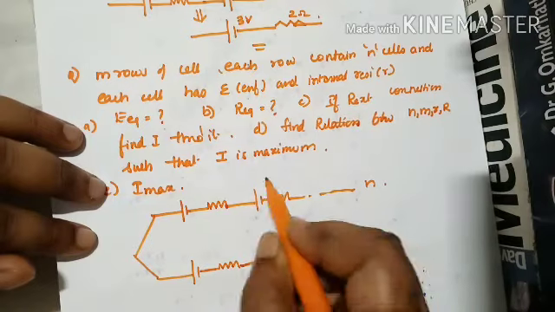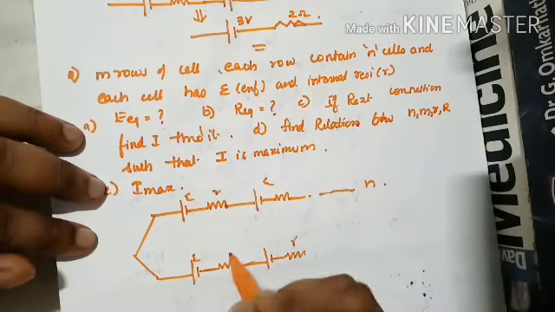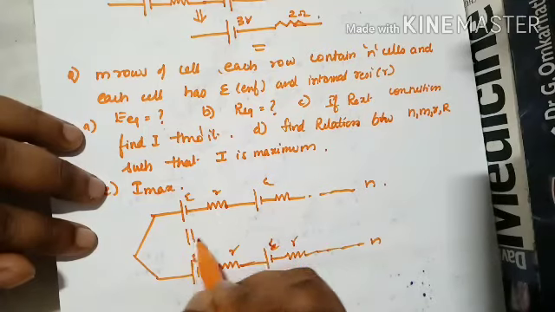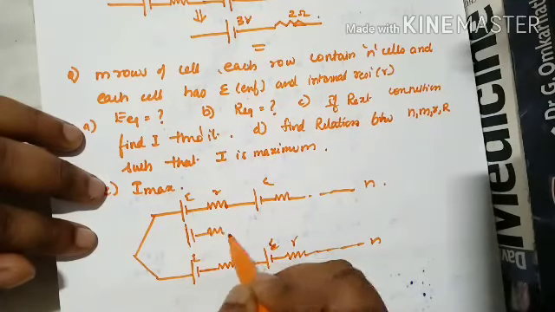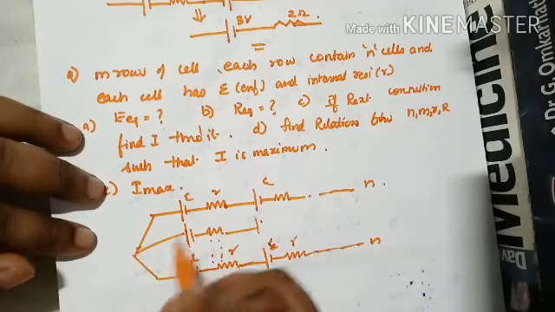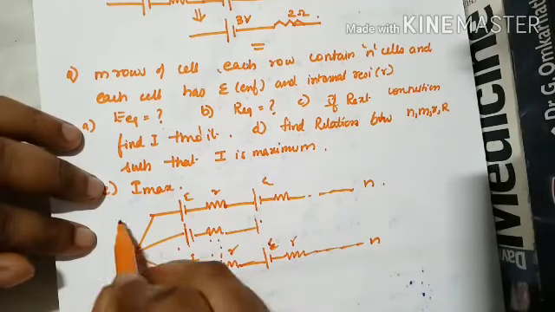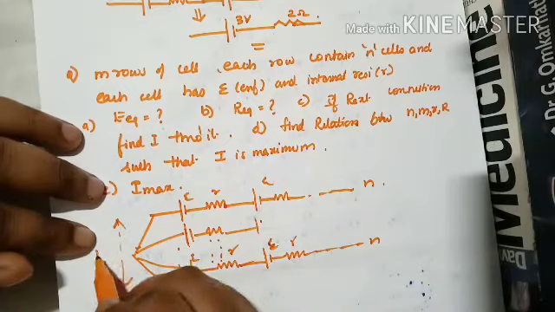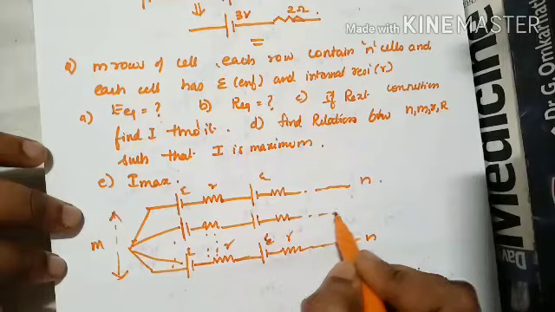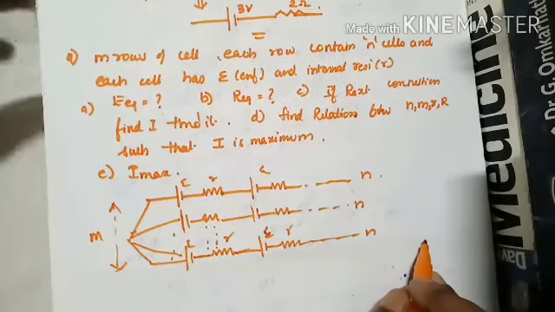Like this, and each is E, R, like this, and like this here. And between them there are M rows. This is the question here.